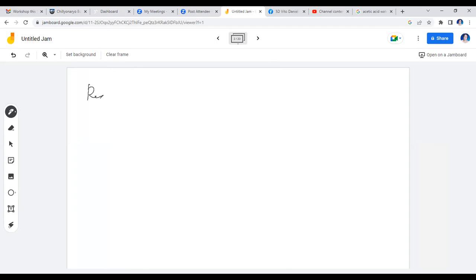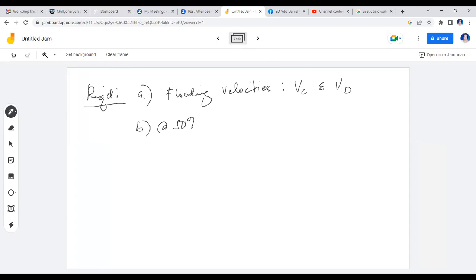Required. So letter A, flooding velocities. So we'll have the B sub C and the B sub D here at flooding. Letter B, at 50% flooding, you are to determine the tower diameter.